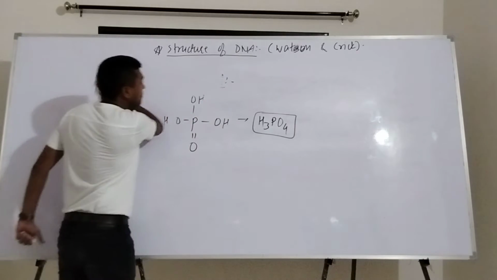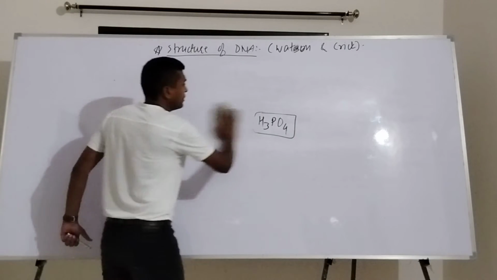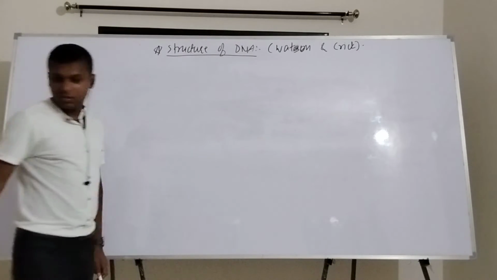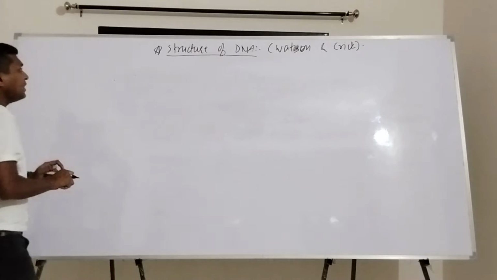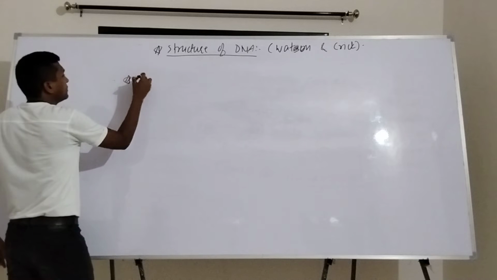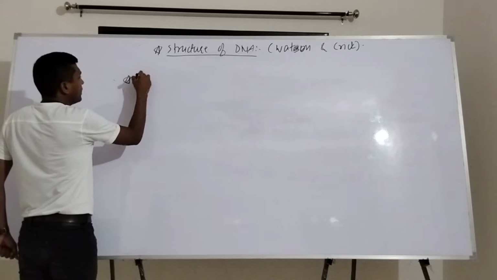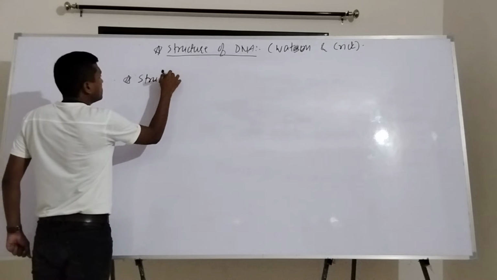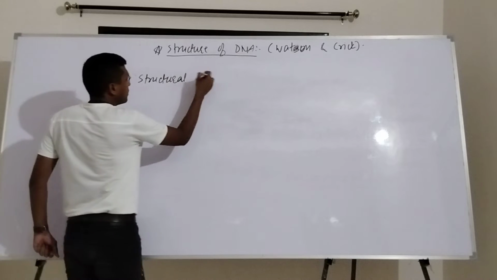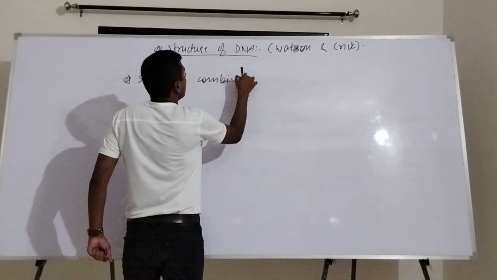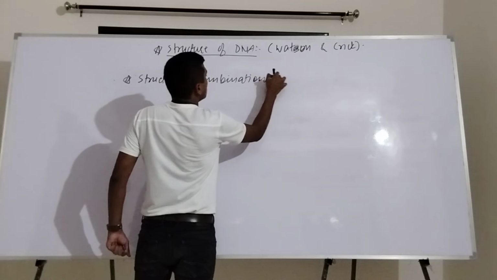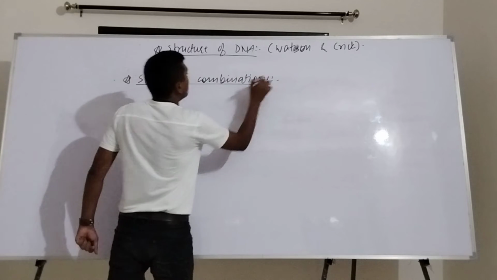So by far we have seen all three components. Let's see what the structure of this DNA is like. When we talk about the structure, there are two terminologies, or you can call them structural combinations, in case of the DNA.